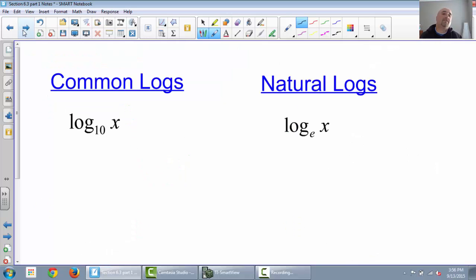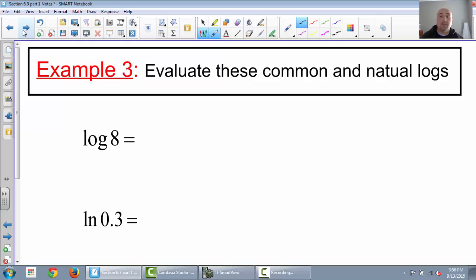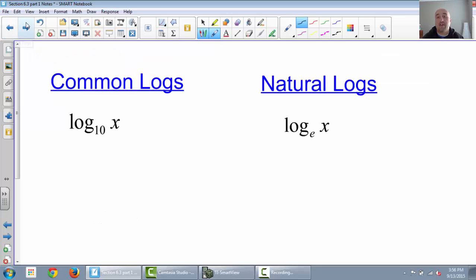And last but not least, in this part 1, there are 3 different types of logs. The logs we've talked about on the previous pages have had different bases: 2, 3, 5, 1/5, whatever. But there are two logs that have names. The first one's called common logs. The second one's called natural logs. Common logs are base 10.